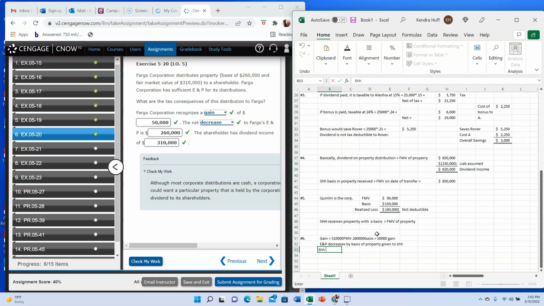All right, shareholder has dividend income equal to fair market value of property received. And this is because they can turn around and sell it for that amount and get the cash if they want.